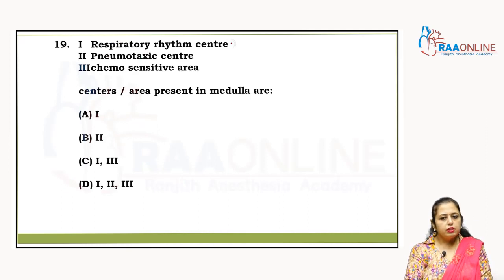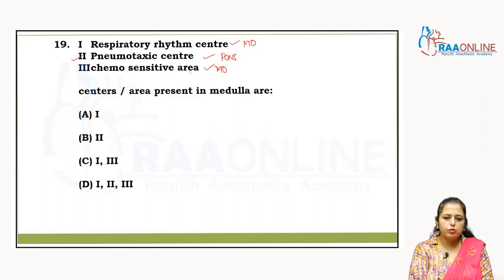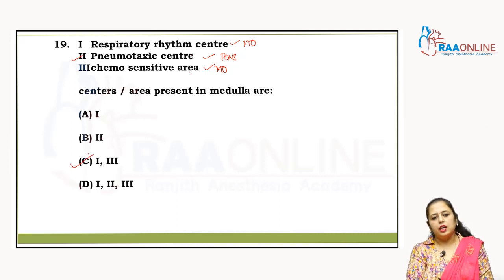Now, given in the question: first the respiratory center, second the pneumotaxic, third the chemosensitive area. The medullary rhythmicity area and the chemosensitive area are present in the medulla, and the pneumotaxic center is present in the pons, right? So the answer is 1 and 3, that is C. Clear?